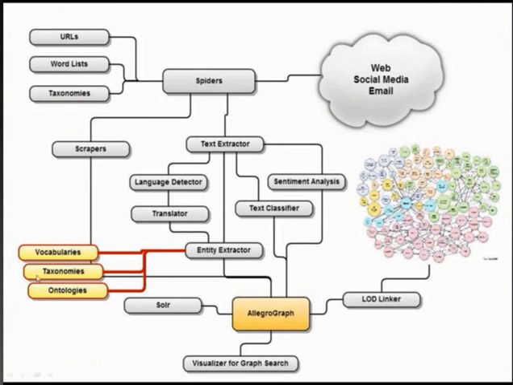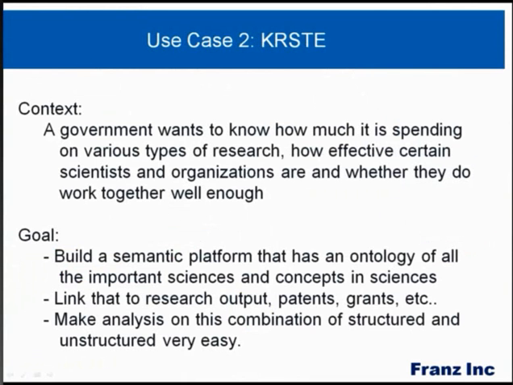And so this is still the same picture, except now we also store everything in Solr. And we did a project for the government of Malaysia. It's a website called Christie. And what the government wanted to know was how much it's spending on all kinds of research, and especially how effective certain scientists and organizations are, and whether they work together well enough.